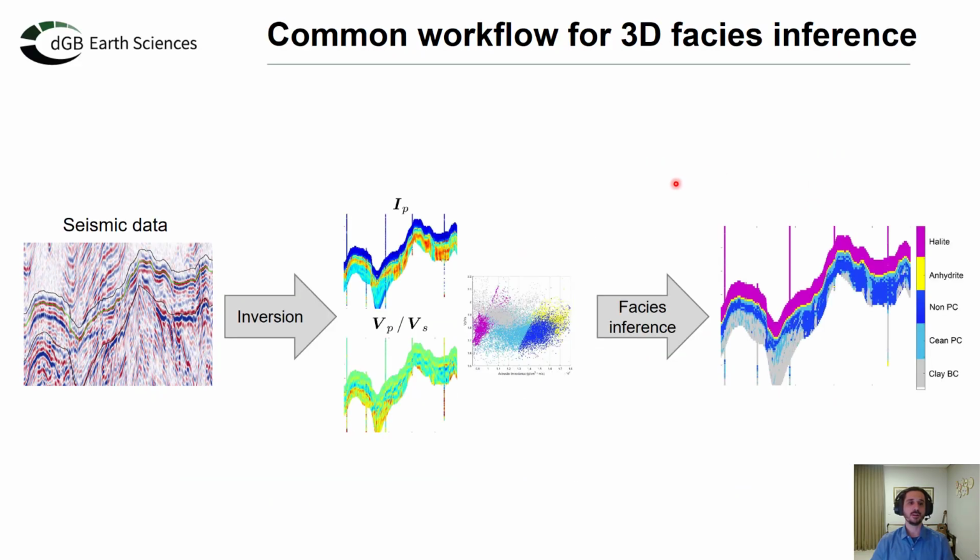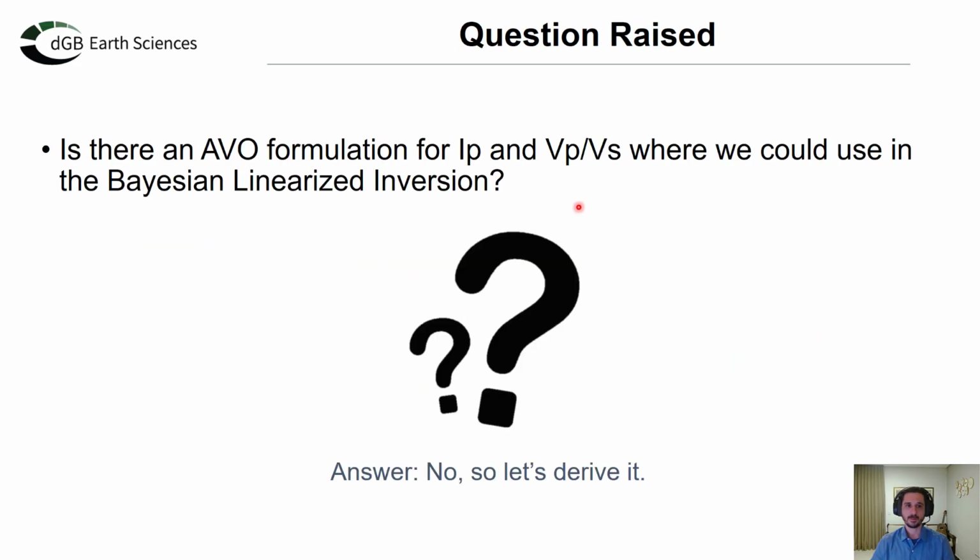The basic workflow for facies classification is, from the seismic data, you apply some inversion algorithms for your elastic properties. You can compute the P-impedance and Vp-Vs ratio, and considering your well logs in this domain, you apply some facies classification to get your facies model from the seismic. It's really common, as I showed in the many applications, to use this domain to classify facies.